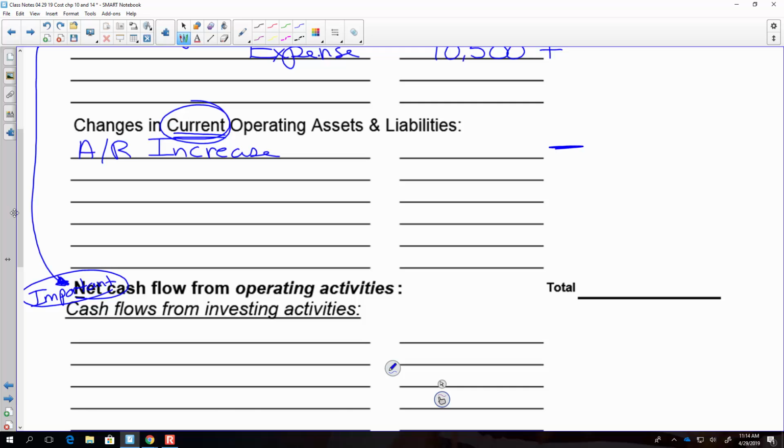So I'm going to be subtracting here. The difference is 12,250? Nope. 22,250? Nope. How about 32,250? Yes. That's the final one. Subtract.